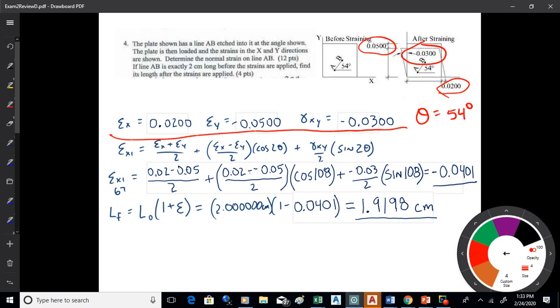So I take 1 plus that, which is a minus because it's a negative number, multiply it by the original length, and I'll get 1.92 centimeters. It's going to get shorter. There's a compression acting on that. So what we're doing there is biaxial strain.